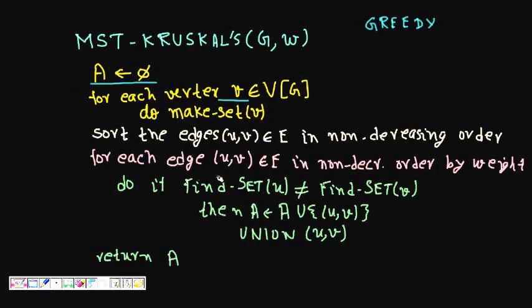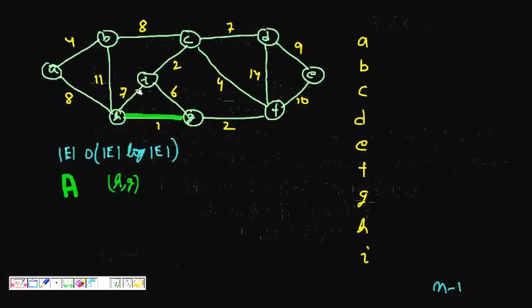Why did it come? Because we chose the smallest edge first. Find set U and find set V basically returns which set each belongs to. H is in one set and G is in a different set, so their sets are not the same.